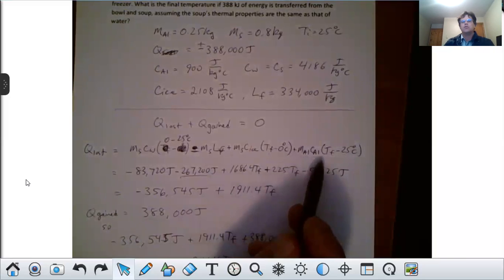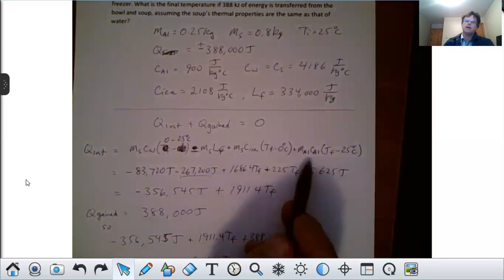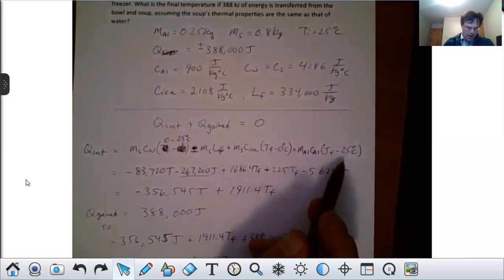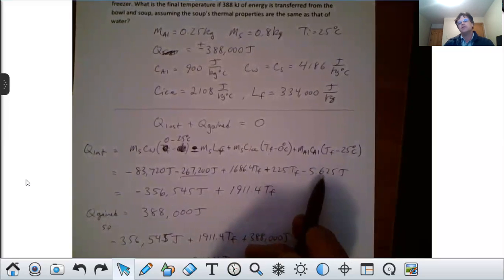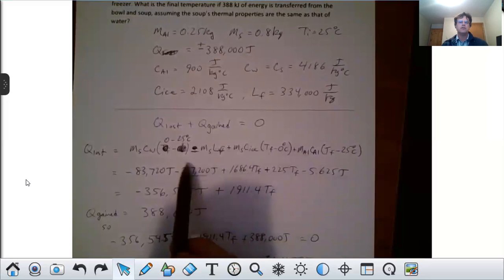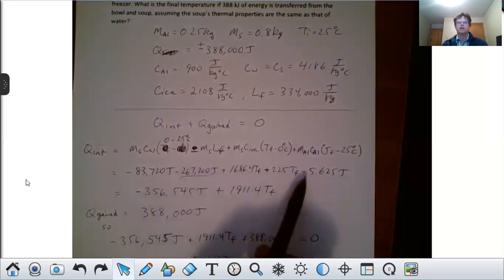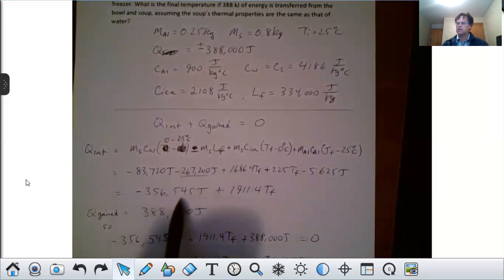Then I get a 225 TF from MALCL TF. And then from MALCL times negative 25 degrees Celsius, I get this negative 5625 joules. Now when I add all of these numbers together, right? I get a negative 356,545.